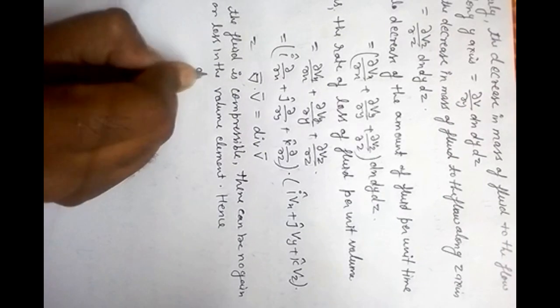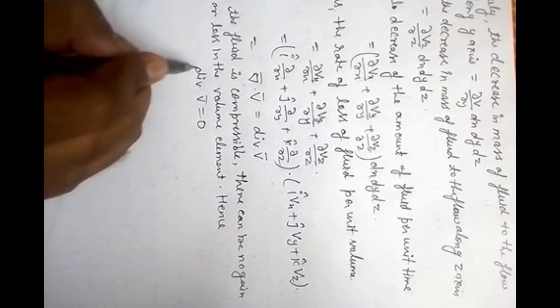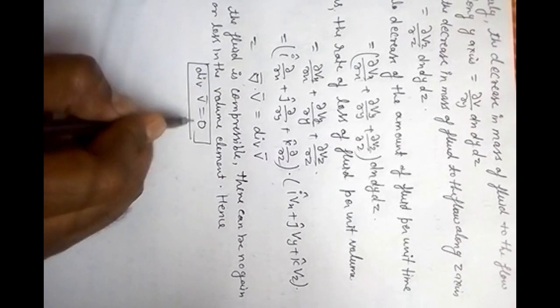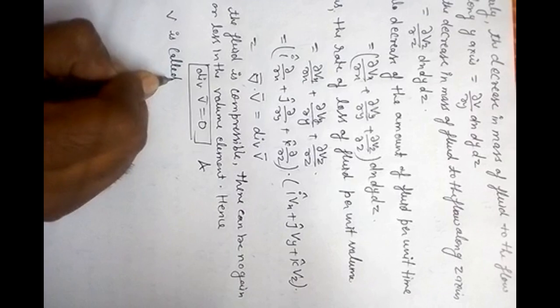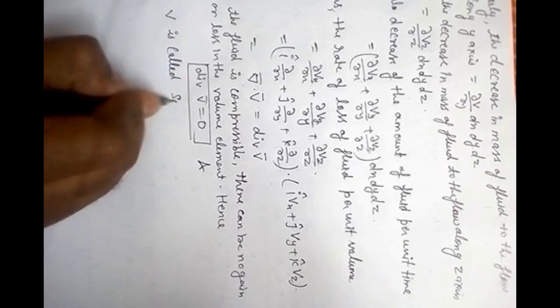Hence divergence v becomes 0, and vector v is called solenoidal vector function.